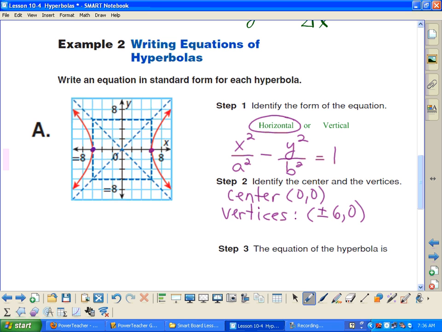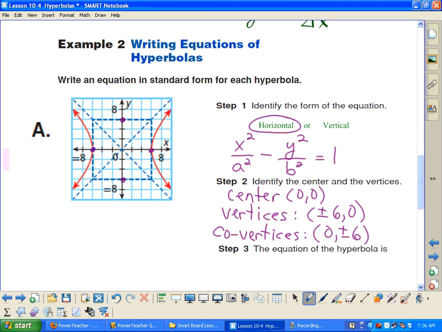The co-vertices then are on the other part of the rectangle, in this case, the vertical part. They'd be right in the middle of those vertical lines, which are also at 6. So the co-vertices would be at 0, plus or minus 6. Now then, what does that tell us?